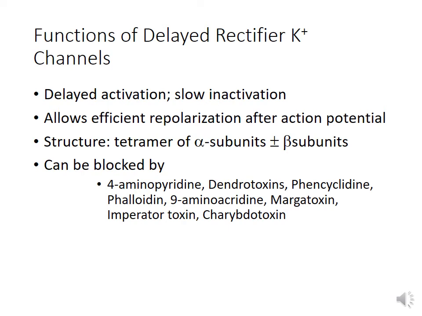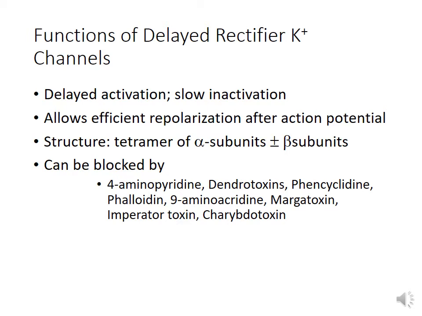The delayed rectifier potassium channels are also mostly encoded by other subunits of KV channels. As you saw in the beginning part of this course, these channels have a more delayed activation kinetics and a very slow inactivation, and the most important role of these delayed rectifier potassium channels is that they allow repolarization of the action potentials.